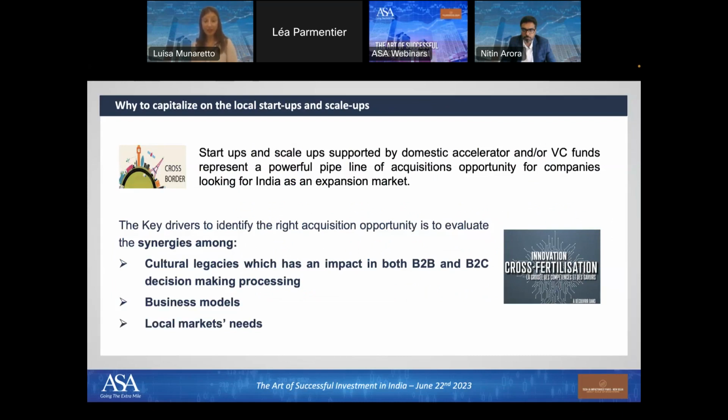The recommendation is this cross-border cross-fertilization, which says find the companies in the Indian landscape that fit the business model, fit the local needs, that can eventually go global also, and dedicate time and energy to what I call cultural legacies.